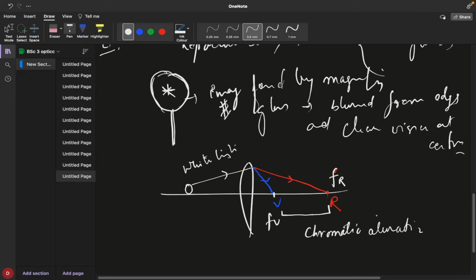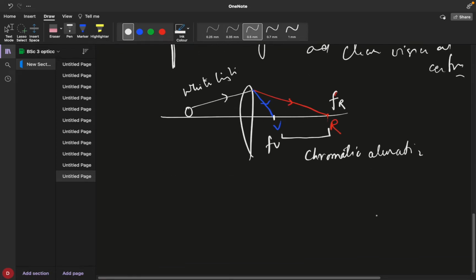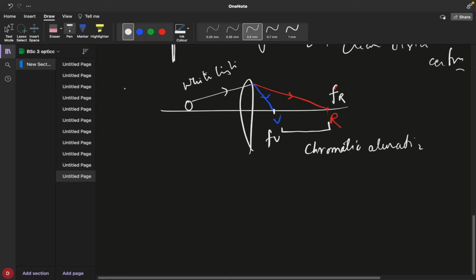So aberration can be specified by its five coefficients.